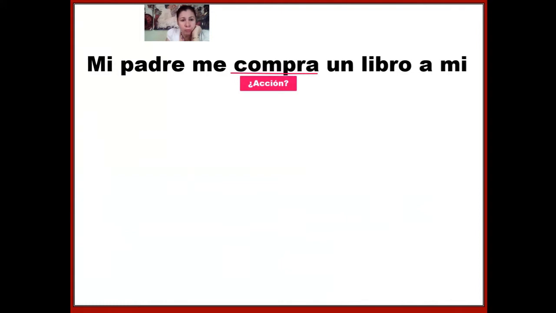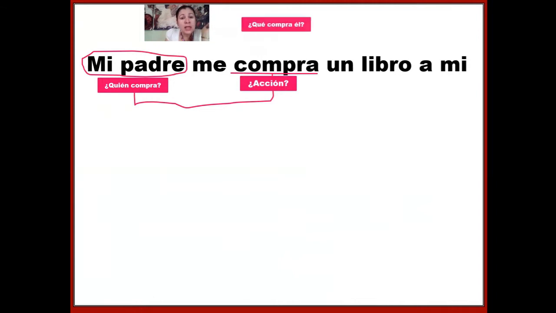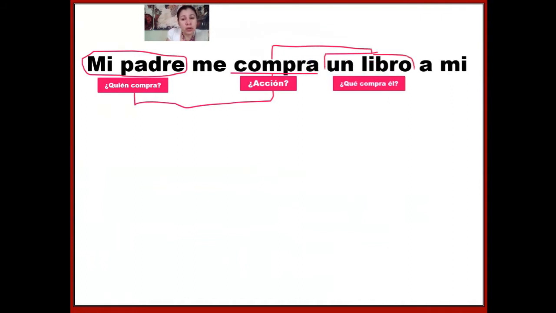Who buys? Mi padre. So that's the action and the doer of the action. Next question: what does he buy? ¿Qué compra? He buys a book, and that's the direct object.